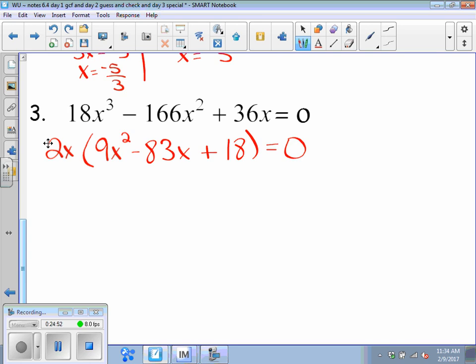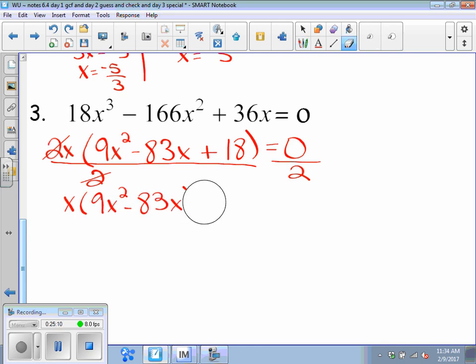We can divide both sides by 2 and get rid of that 2. Notice it was to the third power. That means I can have 3 factors. X is my first factor. We're going to take this and break it apart into 2 other factors. So we'll have x times something times something. You can't lose this.